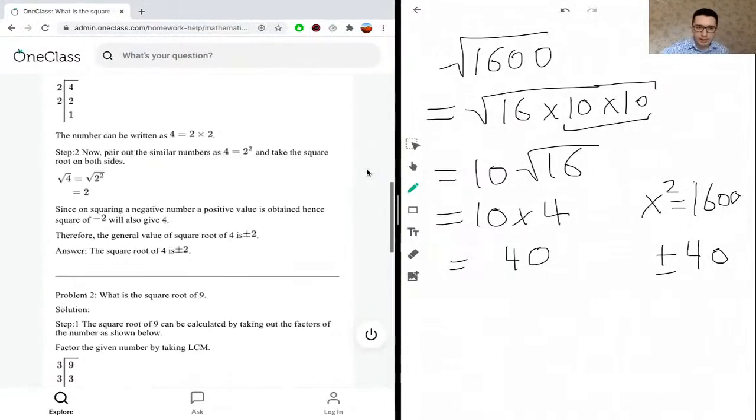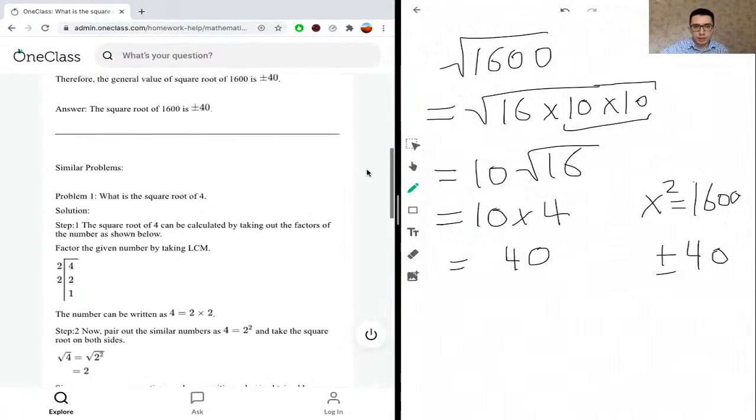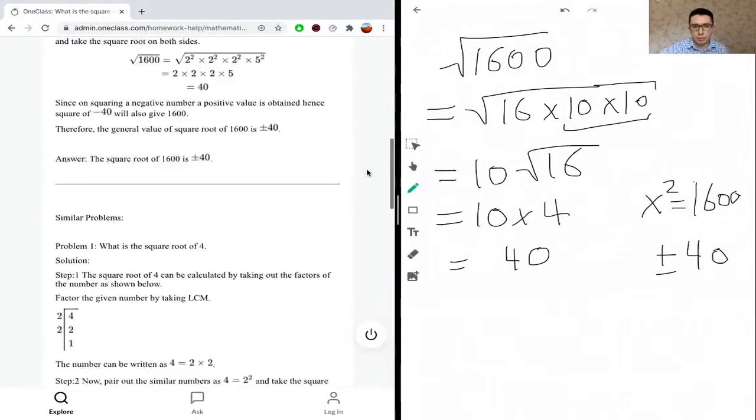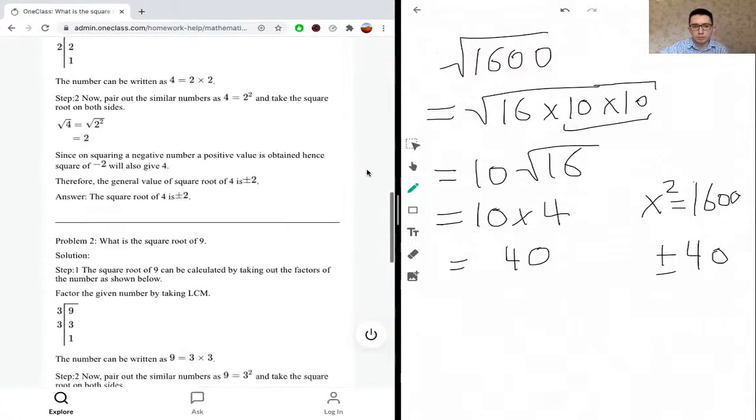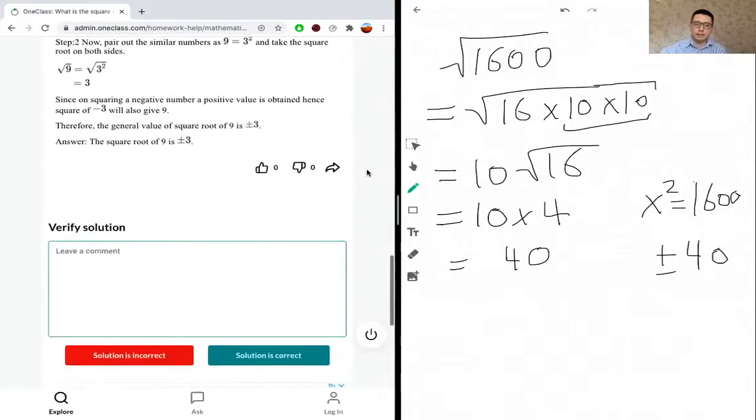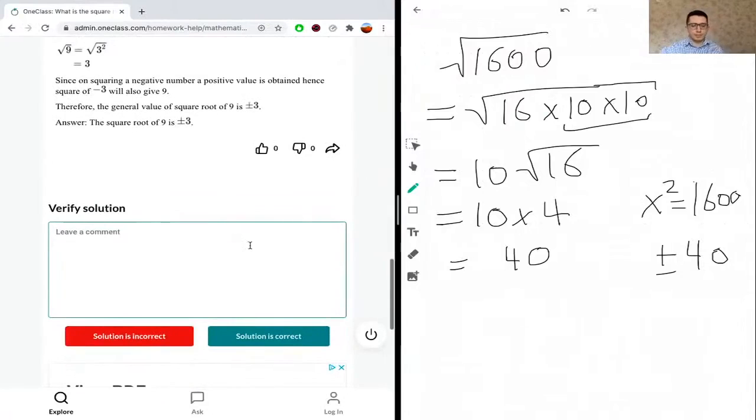So this might help you out here where you're not necessarily dividing 1600 by 2 multiple times. You kind of split it out into simpler numbers that are more easily understood and easier to divide out. So this is the correct solution. Okay, the solution is correct.